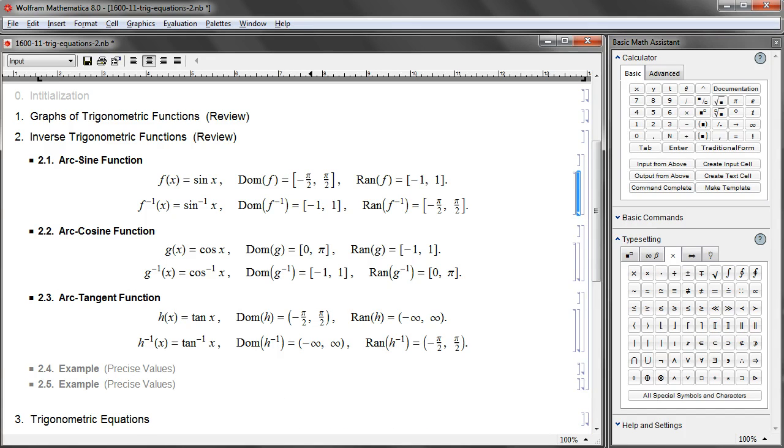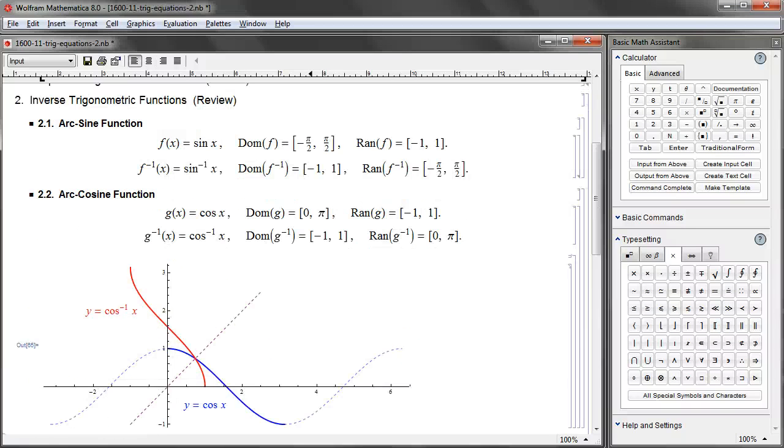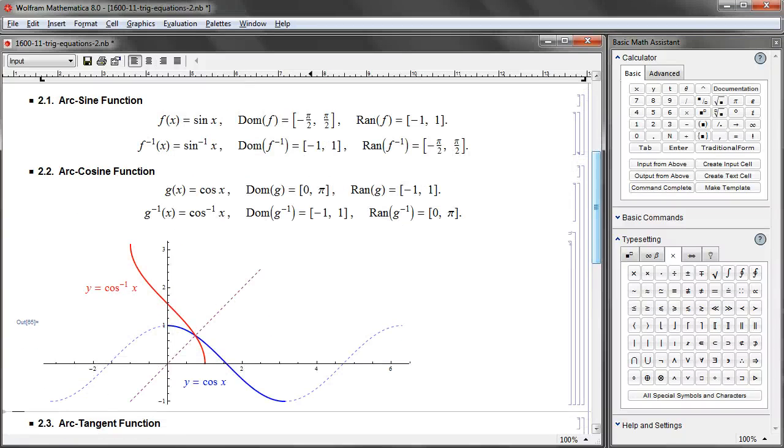And here is the graph of the cosine function and the arccosine function together in the same viewing window. We have the graph of the cosine function going up and down, but if you restrict the domain to 0 to pi, not all the way to 2 pi, then we have a 1-to-1 function, the dark region here, and consequently we have an inverse function, arccosine, the red graph here.